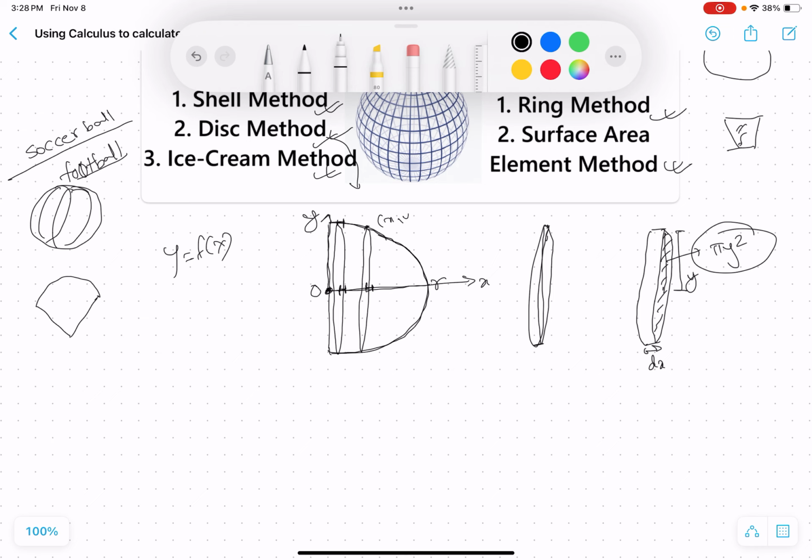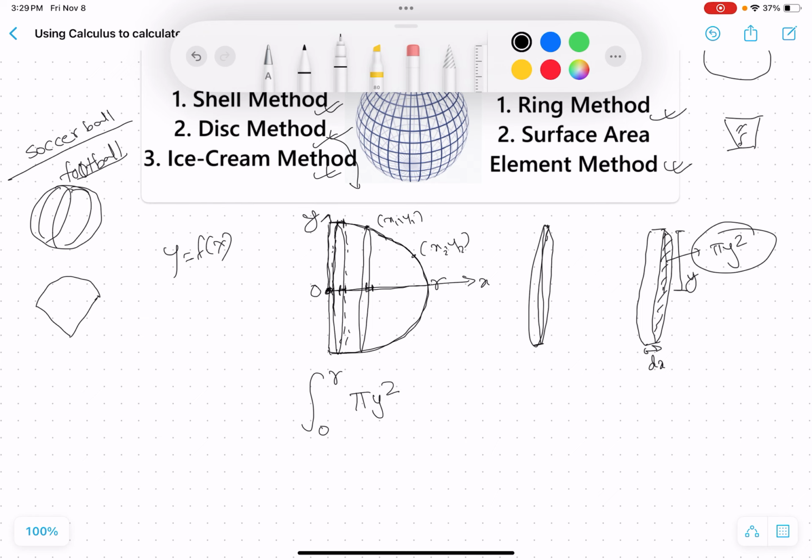So x1 y1, x2 y2. With this 2D curve, if I find pi y squared, I get the area of this circle, which comes out of the screen and goes into the screen. So what we are going to do is integrate from 0 to r of pi y squared, the circle, times dx.